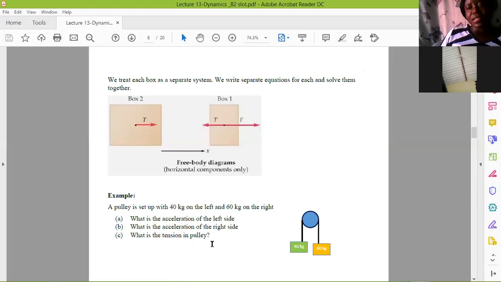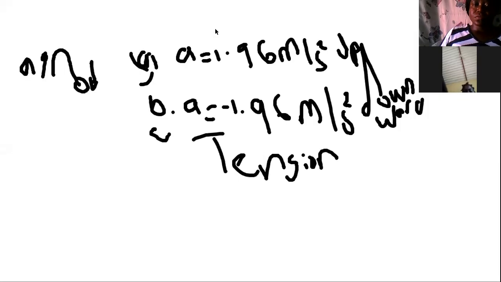What is the tension in the pulley? So what we do is we make use of our two original equations. The two equations we had are tension minus the weight.